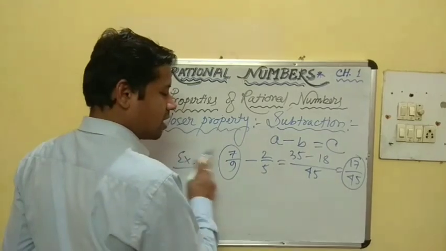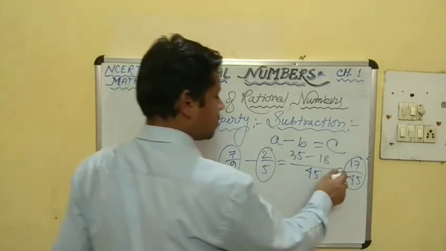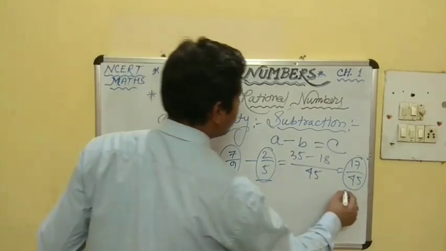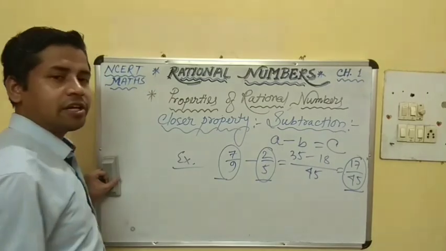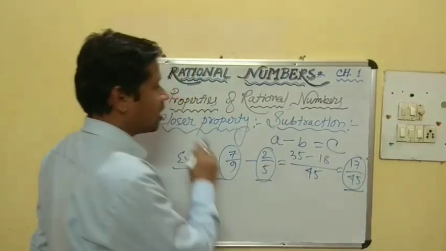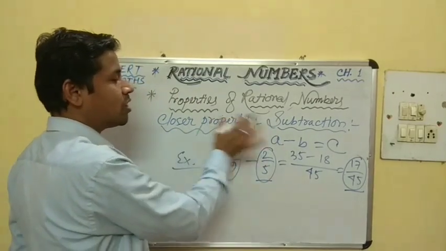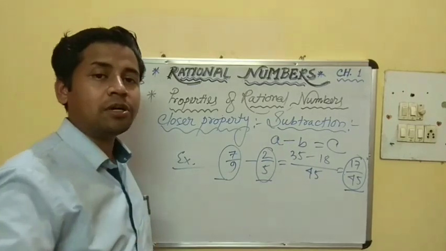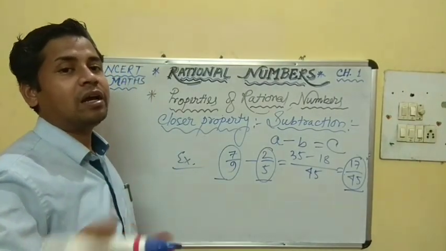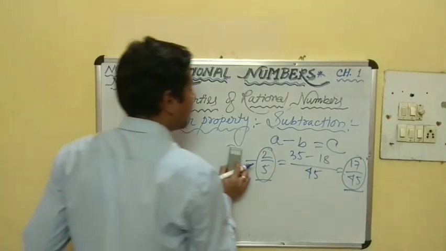See here, the numbers are rational, and the result is also a rational number. Rational minus rational becomes rational, that means it is closed under subtraction. Rational numbers are closed under subtraction. So this was the closure property under subtraction.